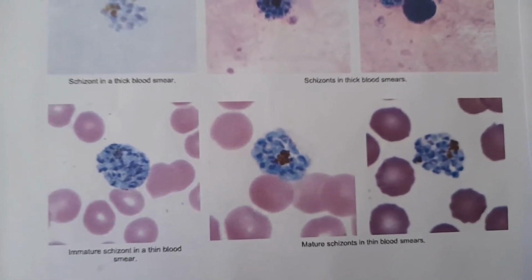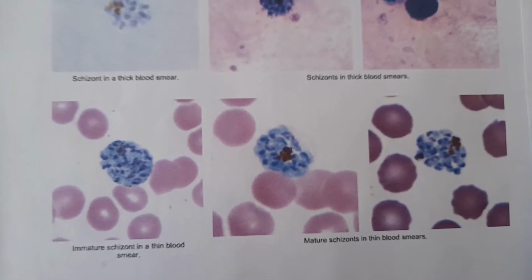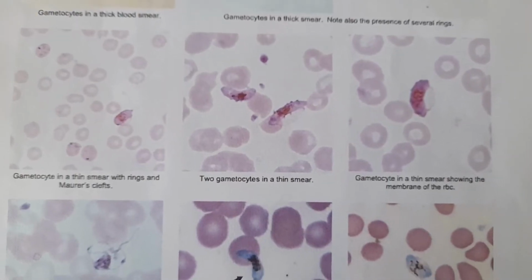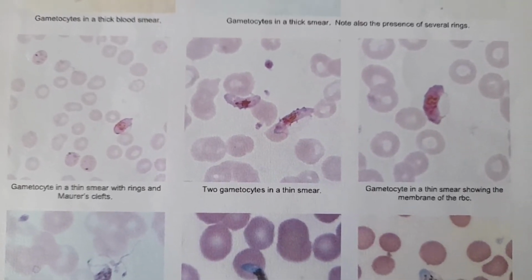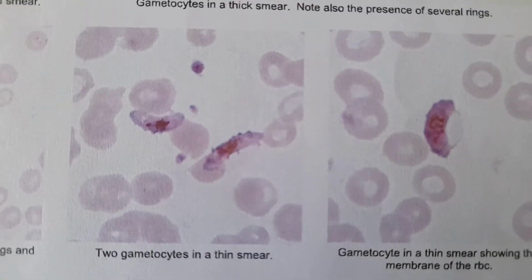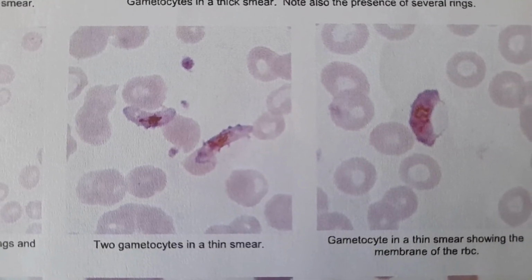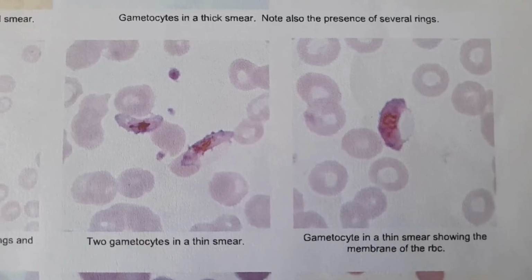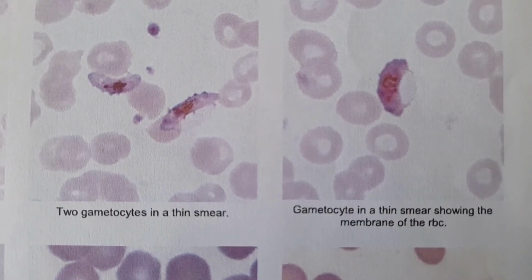Merozoites are the stage of the parasite which infects other RBCs after the schizont bursts. Or maybe we will see the gametocyte, the sexual stage of the parasite. This is the gametocyte of Plasmodium falciparum. We will see how to differentiate the two. So different stages of a parasite may be seen under the microscope.